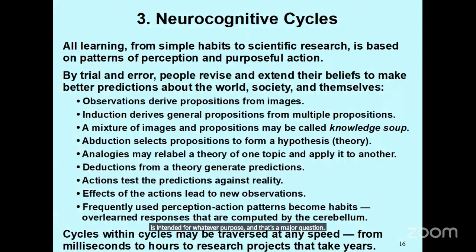Now, we also have to consider the neurocognitive cycles of what goes on in the brain that includes the neurons and their relationship to cognition. And the point is that all learning is based on patterns of perception and purposeful action. And by trial and error, people extend their beliefs to make better predictions about the world.